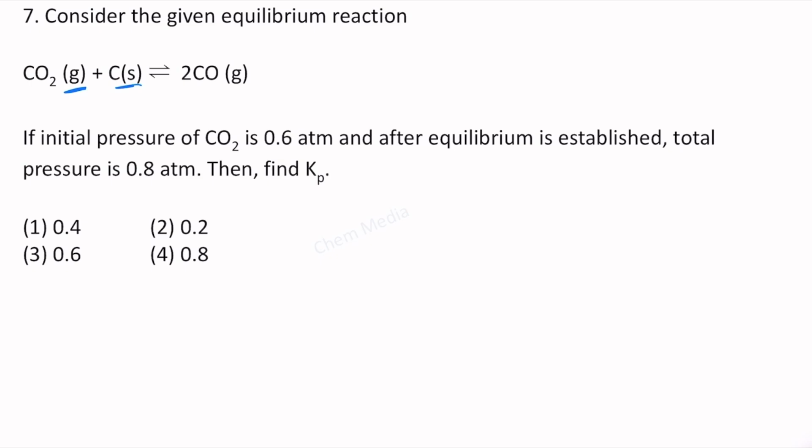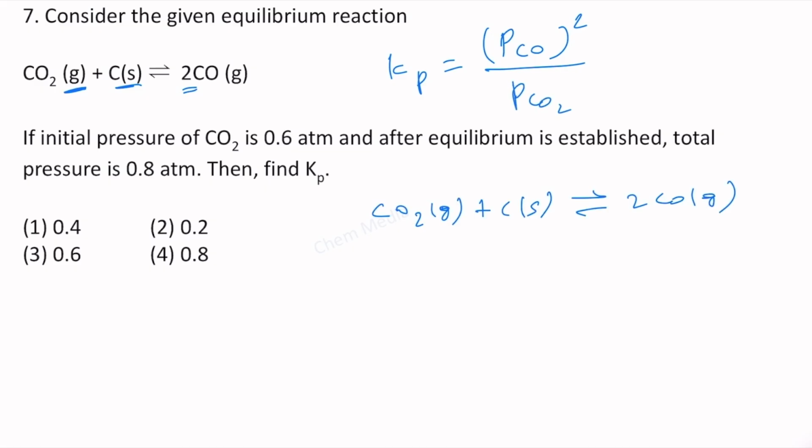Therefore, when we write the Kp value, it depends on CO and CO2, not the carbon solid. Therefore, Kp is equal to partial pressure of CO whole square, because we have the stoichiometric coefficient 2 here, divided by partial pressure of CO2. Now, when T equal to 0, the pressure of CO2 is given as 0.6 atm.